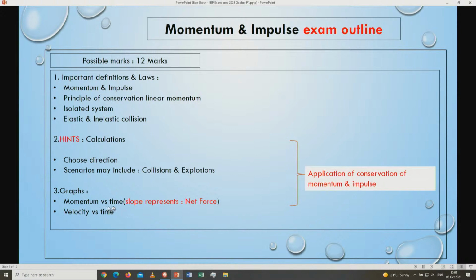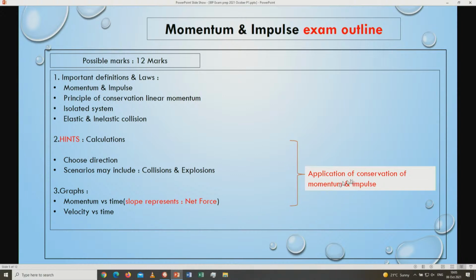And then in March early this year, we had a problem with velocity versus time. So kindly work with that, because graphs are coming into the questions more. We are failing to interpret the graphs correctly, and failing to understand what is expected of us.